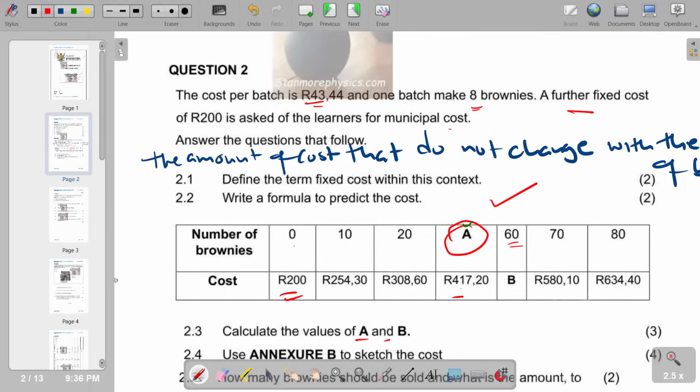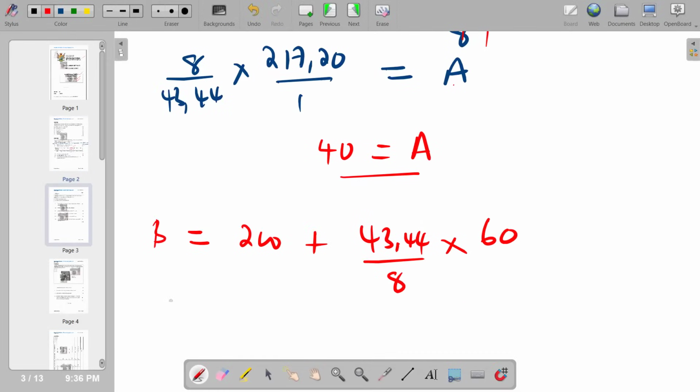So multiply by 60. Calculate it, and the answer you are going to get is B equals 525 Rand.